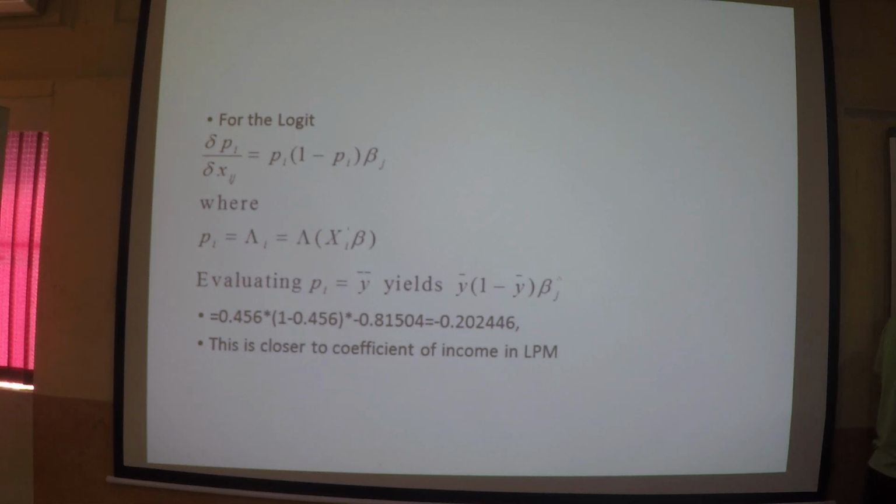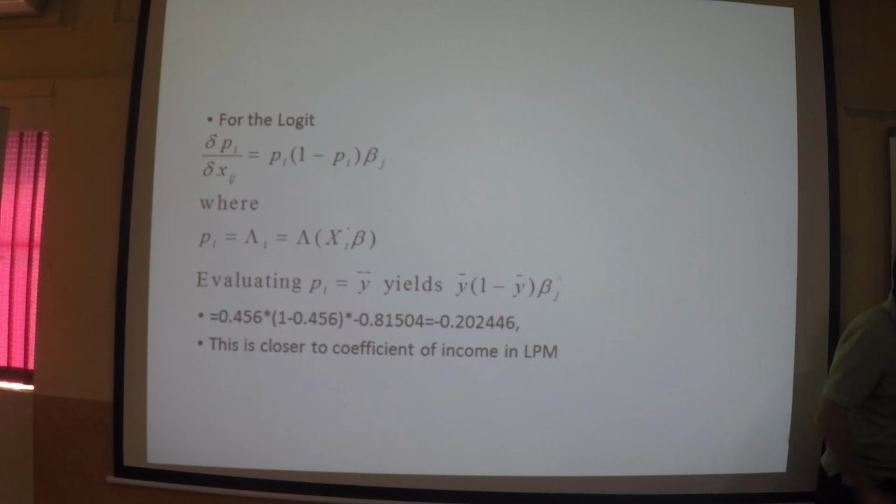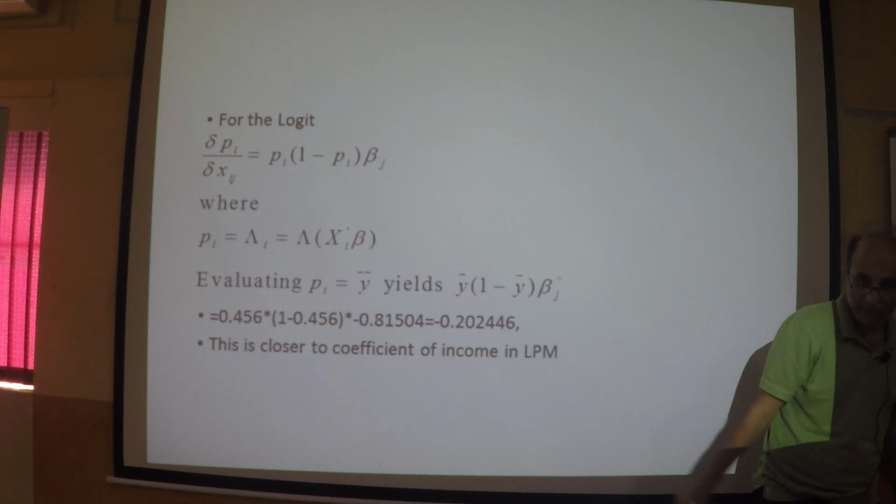Pi upon 1 minus pi is equal to e raised to x beta. So pi is equal to e raised to x beta times 1 minus pi, which will of course be e raised to x beta over 1 plus e raised to x beta. Right?